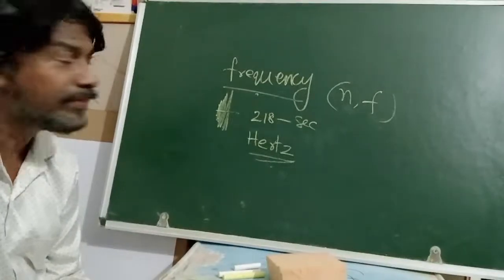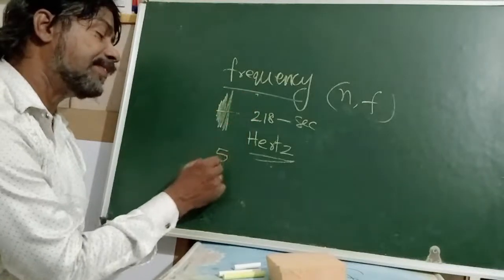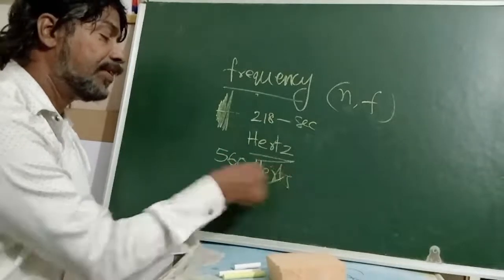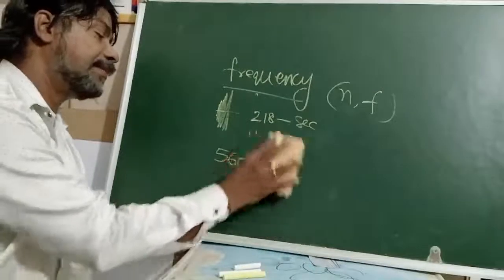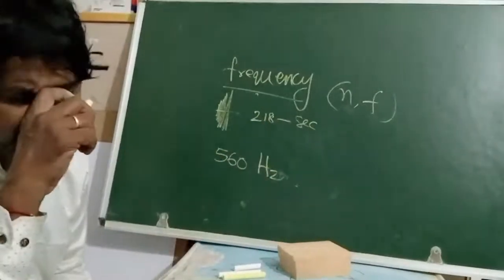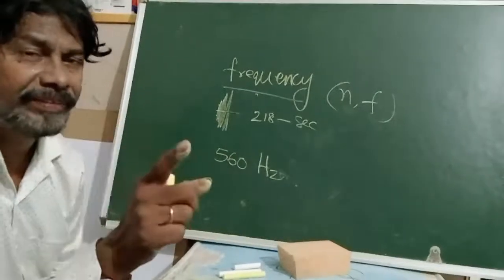Suppose it vibrates 560 times, then we say 560 hertz, represented by Hz. That is frequency. So the number of vibrations that take place per second is called frequency.